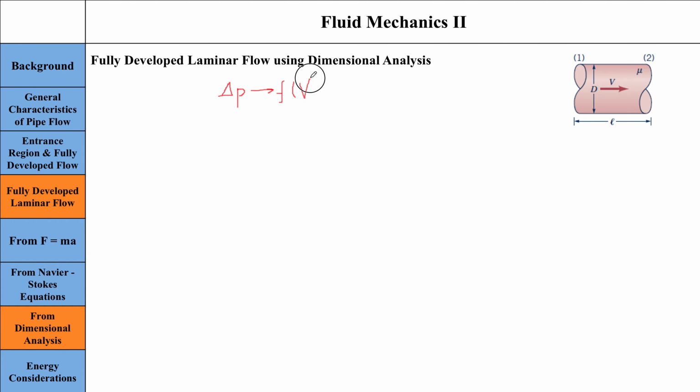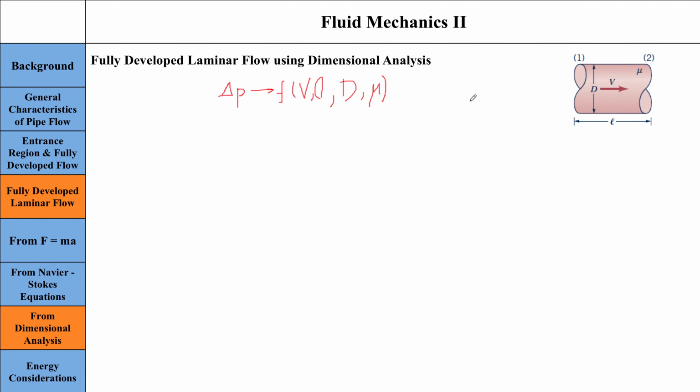I'm just going to indicate that by V here. It could be the length of the pipe represented by L. It could be the diameter of the pipe, or it could be the viscosity of the fluid that is flowing within the pipe. Okay, so we have 5 terms here.